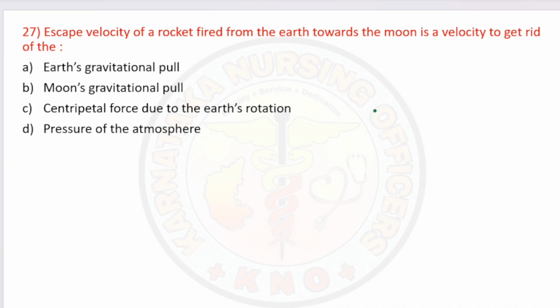See, if any object is coming out of the earth, it has to overcome the gravitational pull, that is earth's gravitational pull, then only it can come out of the earth. So the correct answer is earth's gravitational pull.